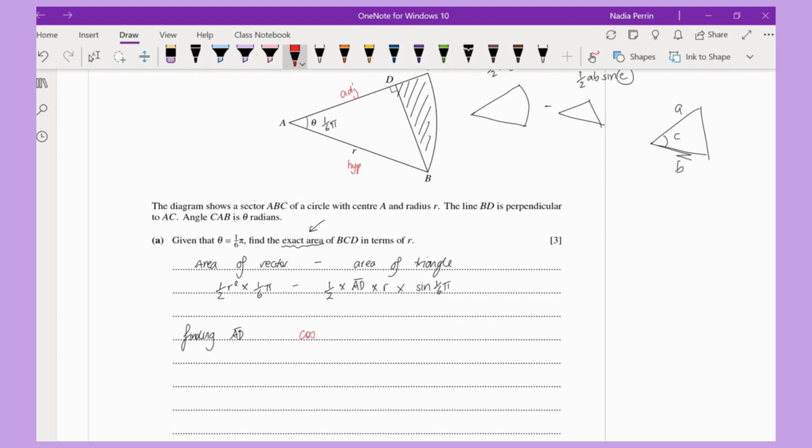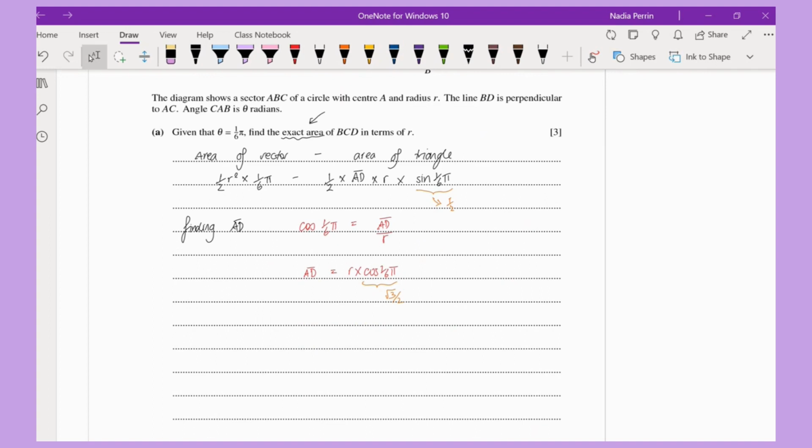So cosine of the angle is going to equal AD over R. So if we just rearrange that, we can quite easily find AD is just R times that. Now, at this point, I'm going to grab my calculator and put that information in. So when we use our calculator, make sure you're on radians, but sine of 1/6 pi is going to equal a half, and cos of 1/6 pi is going to equal √3 over 2.